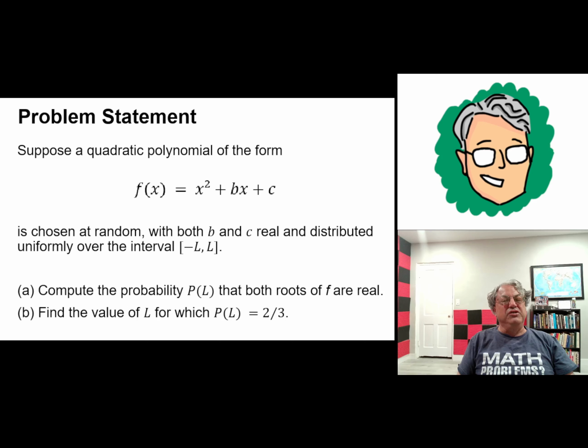And then for part B, we want to know when P of L is equal to 2/3. So we want to find a specific value of L such that the probability that both roots of this polynomial are real, if we pick B and C at random the way I just described, is equal to 2/3. In general, it's going to depend on L. So anyway, that's a statement of the problem.